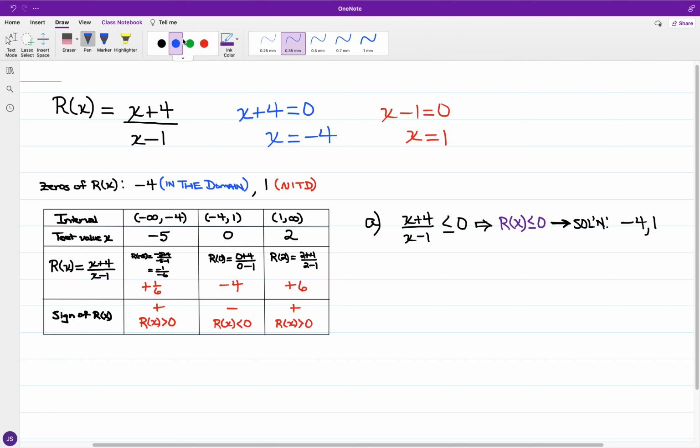So for the limits of -4 and 1, only -4 is going to be bracketed, because that is at least in the domain and sets the function equal to 0. But since 1 creates an undefined ratio, as opposed to setting the ratio equal to 0, that's going to remain in the parentheses.